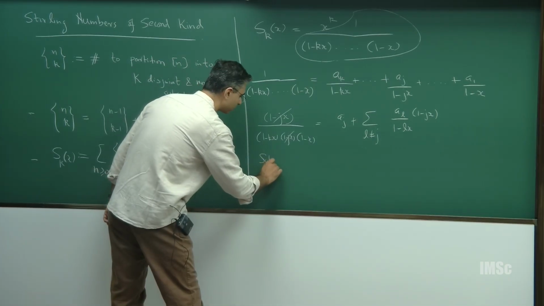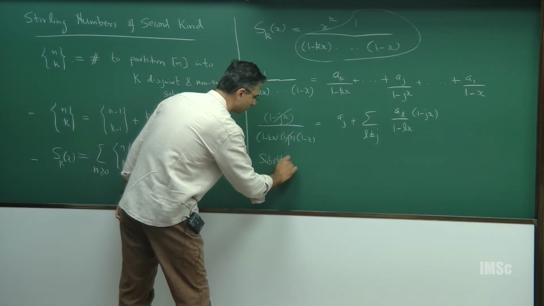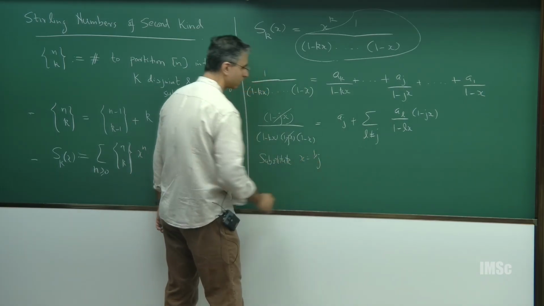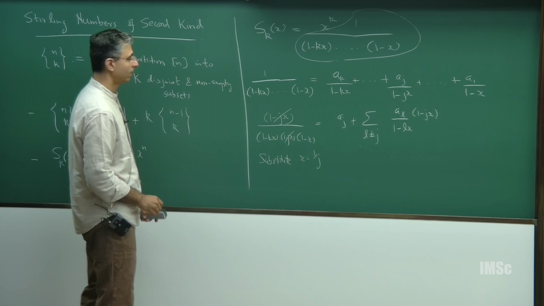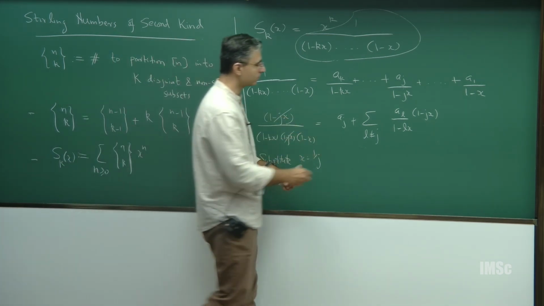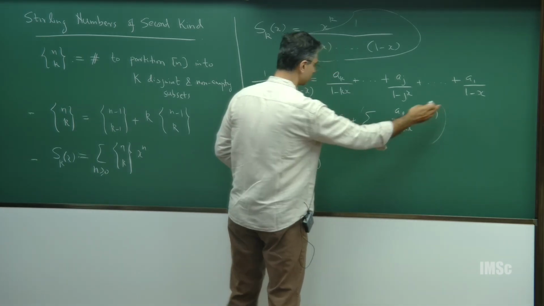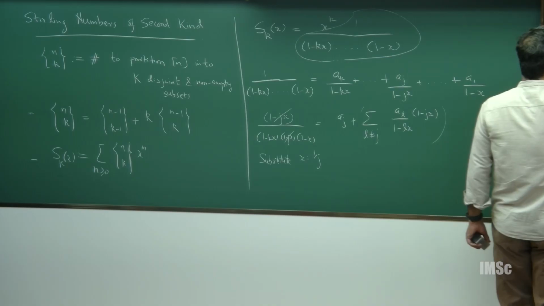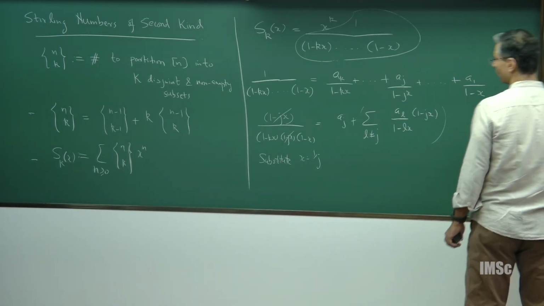So, if you substitute, what do we get here? All this disappears, this is 0, we get that A_j is what?